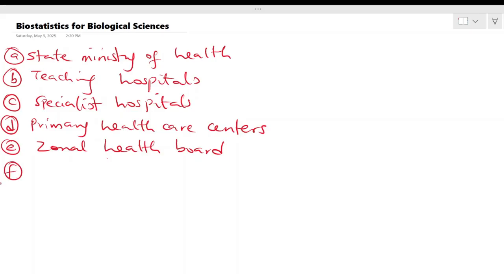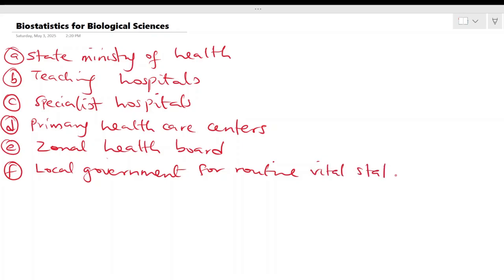We also have sources like the local government for routine vital statistics. How many do we have now? 1, 2, 3, 4, 5, 6, 7.